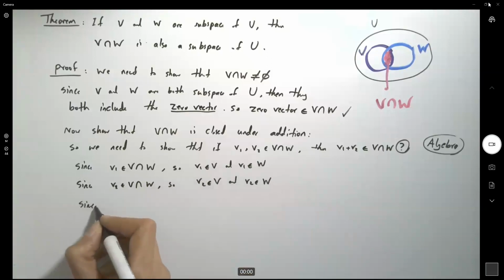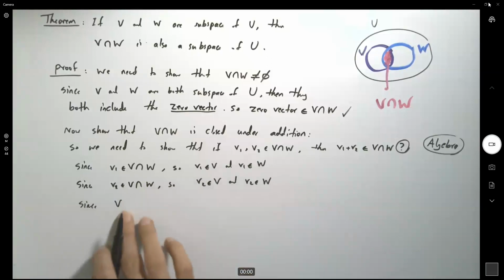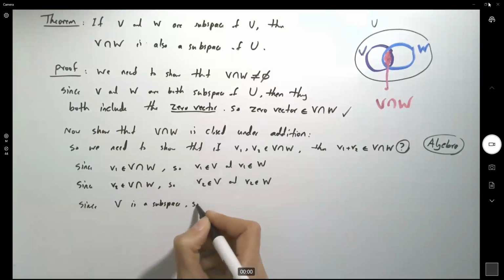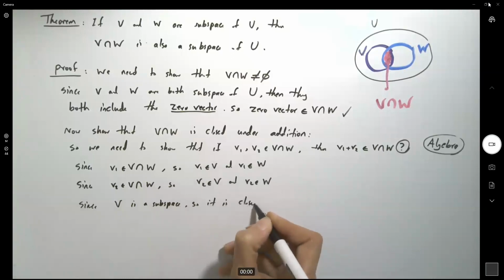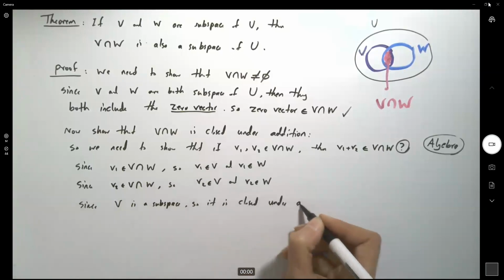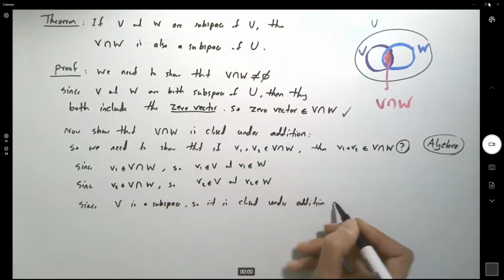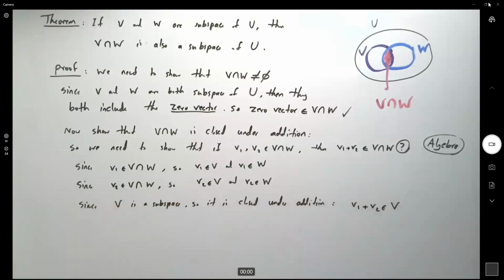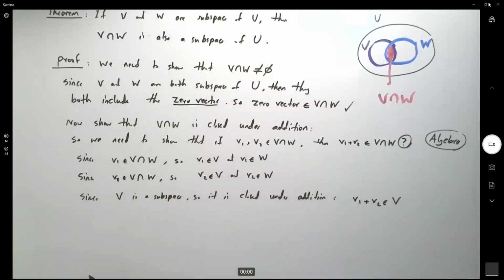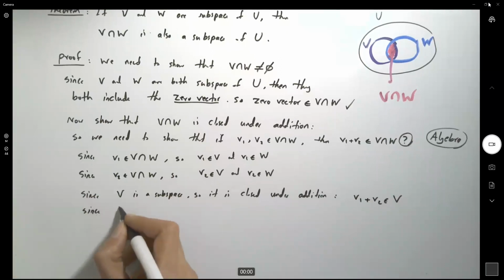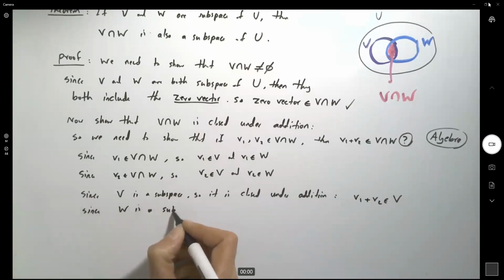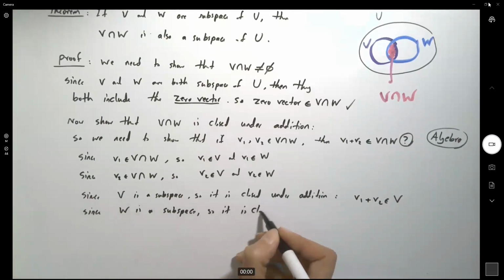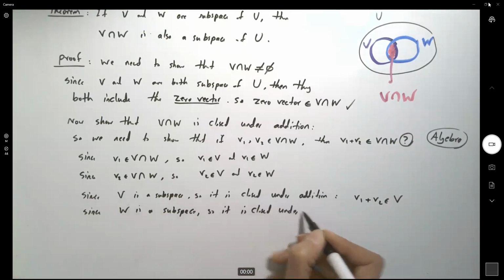Since V is a subspace, it is closed under addition. It means that V1 plus V2 belongs to V. The same argument for W. Since W is a subspace of U, it is closed under addition.